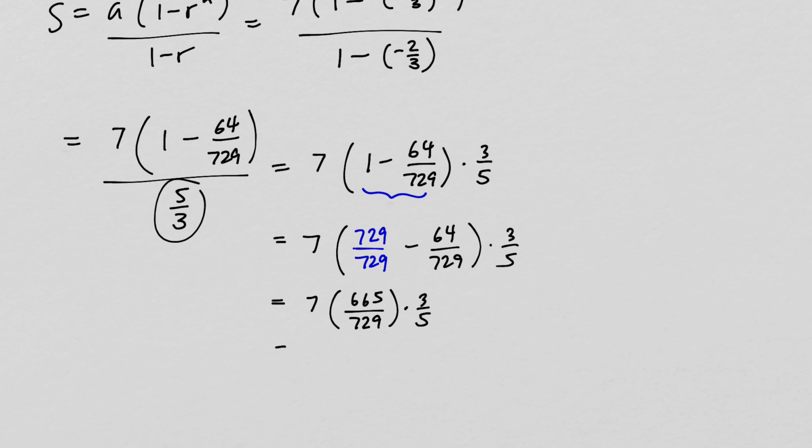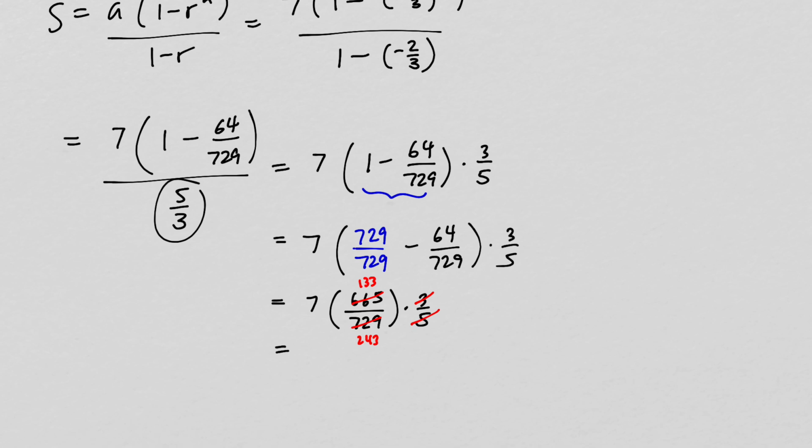And then we can do a little bit of canceling here. So 5 goes into 665 133 times, and 3 goes into 729. If we divide that out, we're going to get 243.